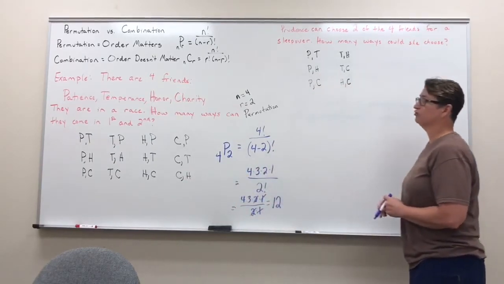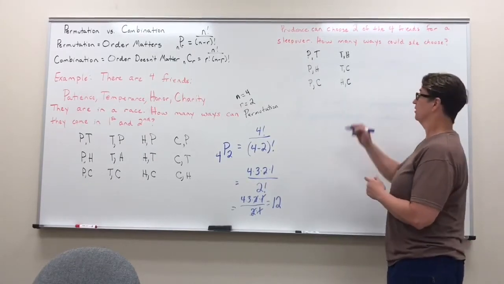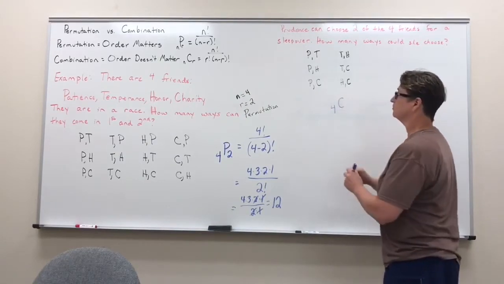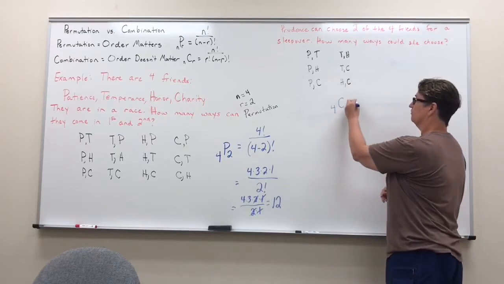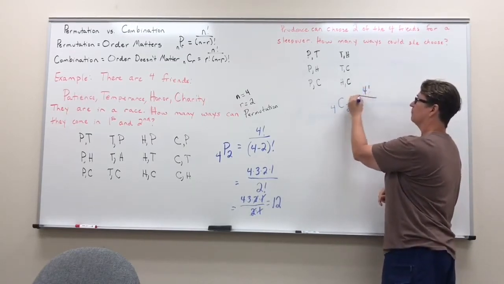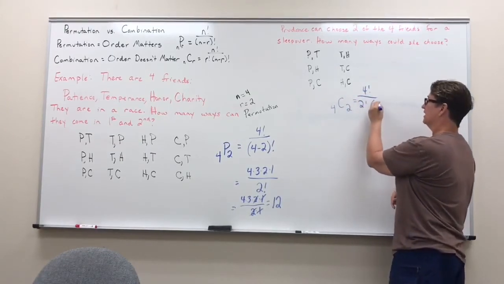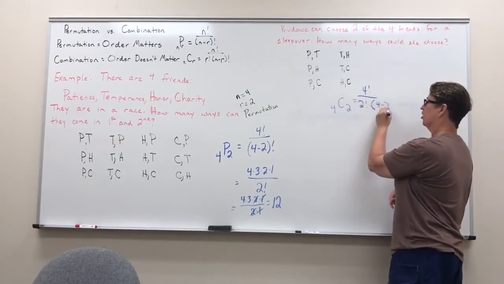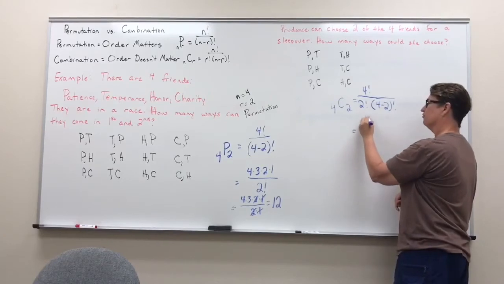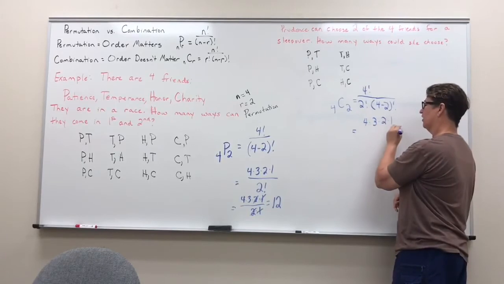In this case, we'll use the combination formula because here order didn't matter. But same idea, we still had 4 people in our group. We're choosing 2 of them. So here I put the 4 factorial on top. My r there is 2 factorial. And then my n minus my r, and I'm going to find the factorial of that. So that I have 4 times 3 times 2 times 1 on top.